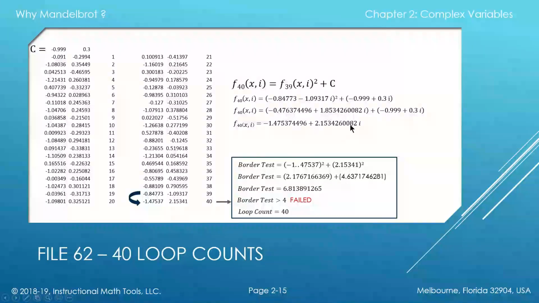It's a little different because these numbers were computed with an iPhone calculator, and these numbers were computed with a Dell mini tower computer, probably way more accurate than the iPhone. But at any rate, they're close enough. You can see that this minus 1.47 and 2.15 are essentially the same as these, which failed the test. So we just confirm the fact, even though we computed this from scratch, we came up with the same result.